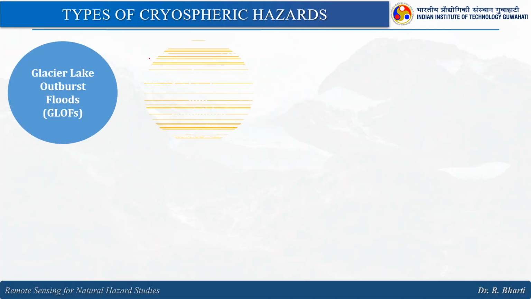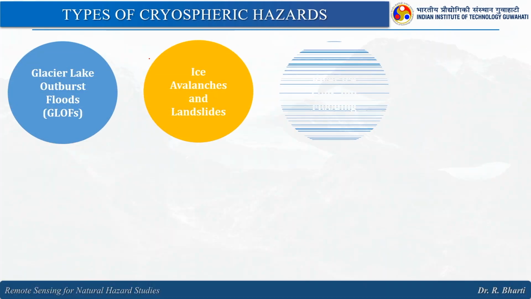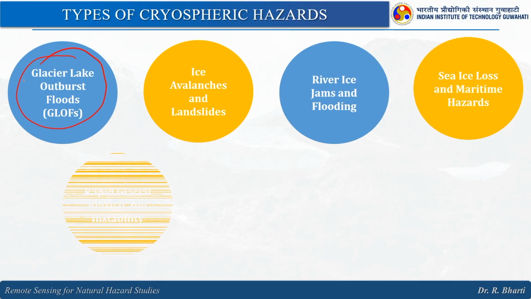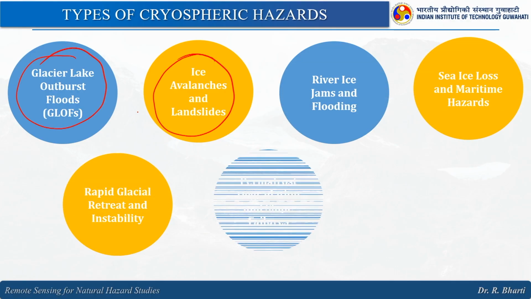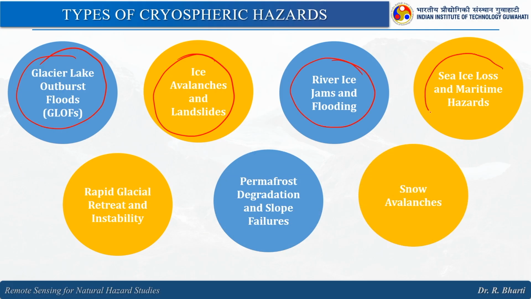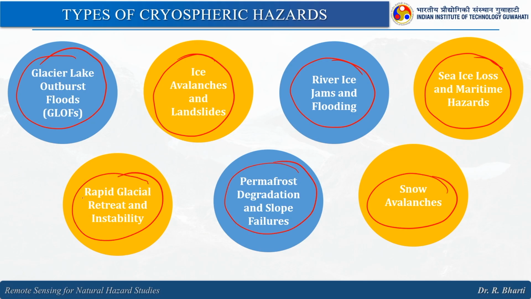If you talk about the different cryospheric hazards, the major ones are glacial lake outburst flood, ice avalanche and landslide, river ice jam and flooding, sea ice loss and maritime hazard, snow avalanches, permafrost degradation and slope failure, rapid glacier retreat and instability.